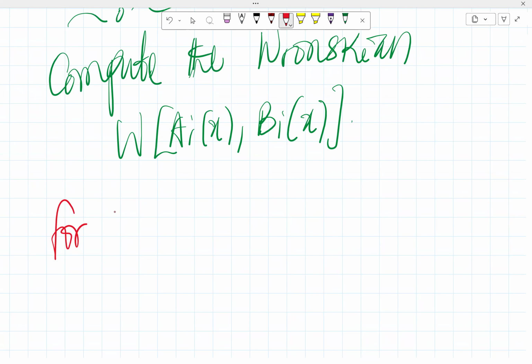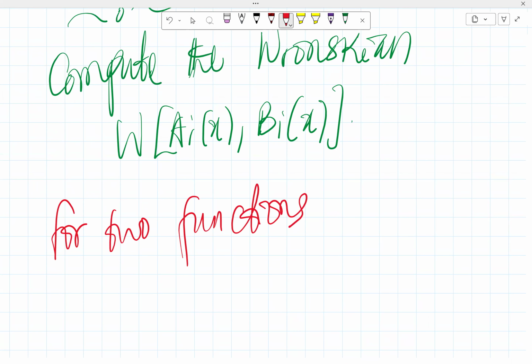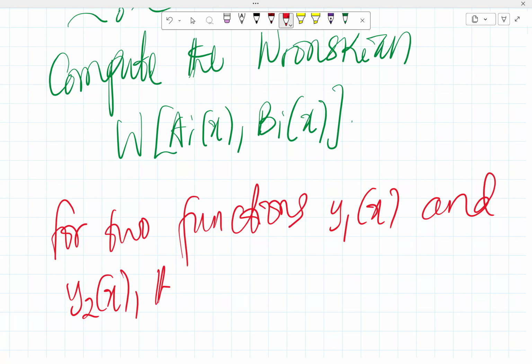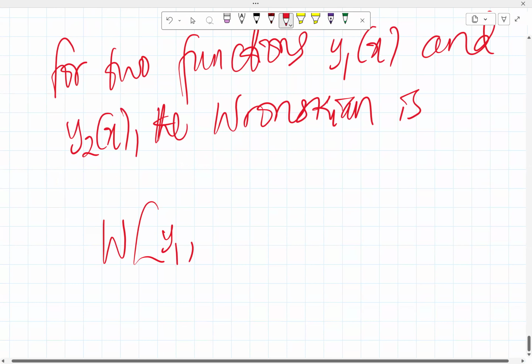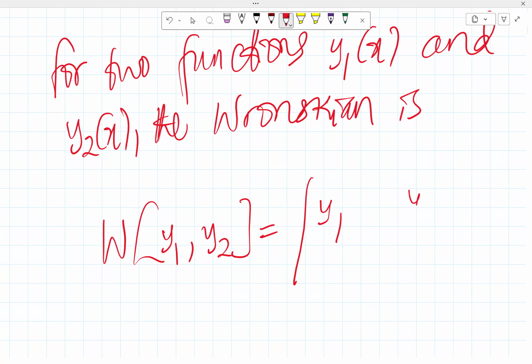We know that for two functions, y1 of x and y2 of x, the Wronskian is W of y1, y2, which is the determinant of y1, y2, y1 prime, y2 prime.